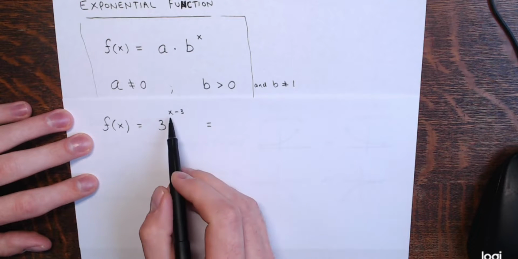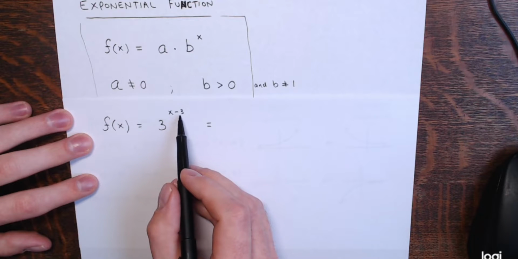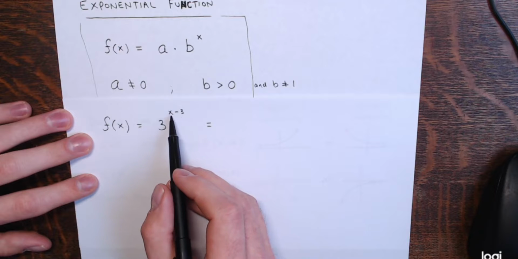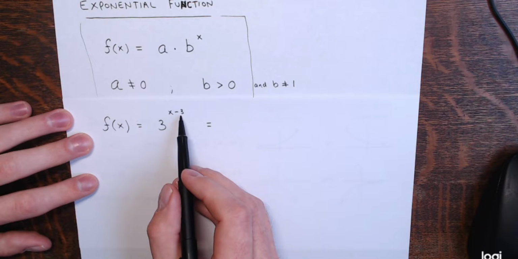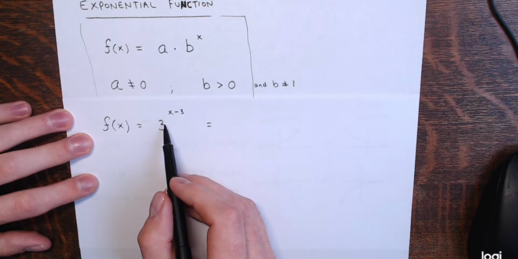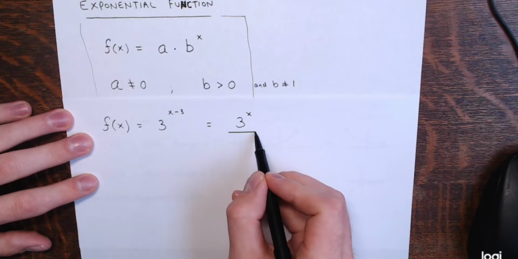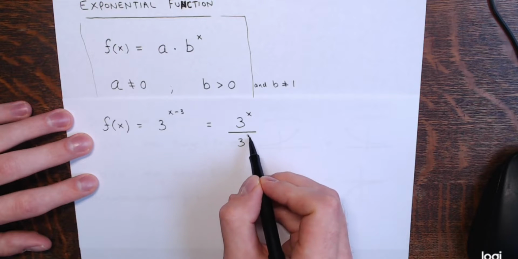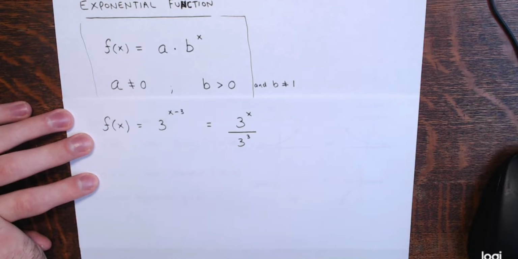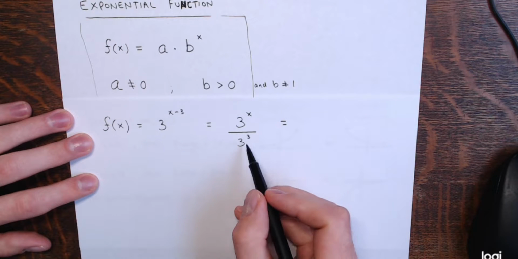Up here in the power, this exponent, when do you subtract exponents? You subtract powers when you do division. So this 3 to the x minus 3 is the same thing as 3 to the x divided by 3 to the 3. And 3 to the third power is 27.